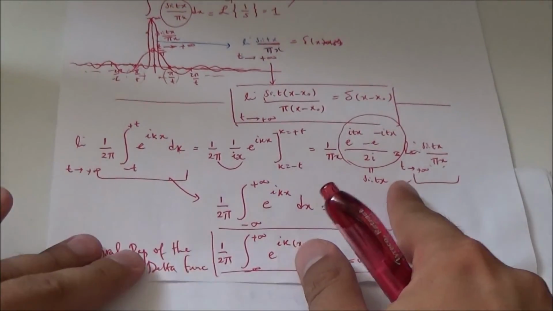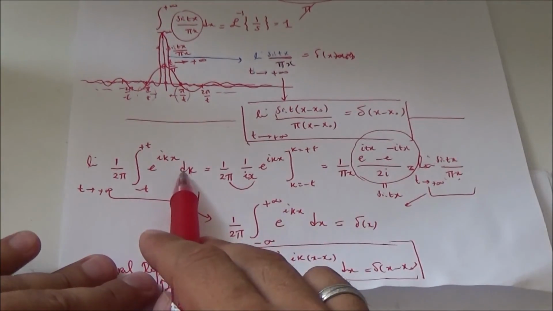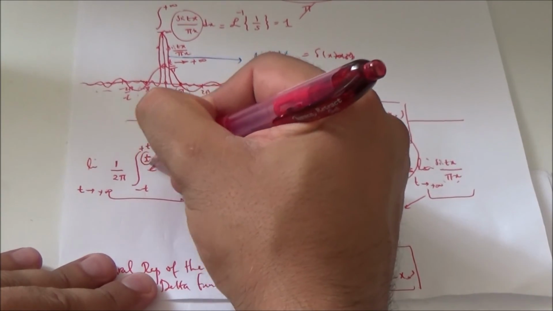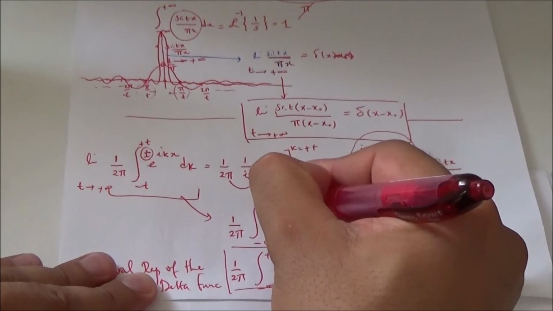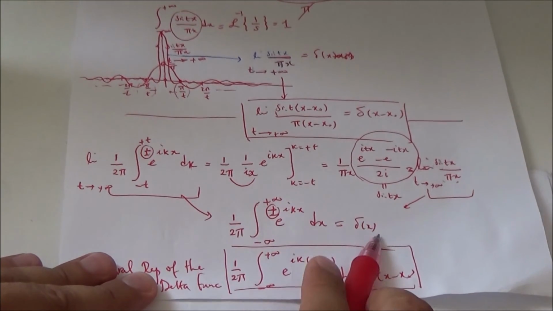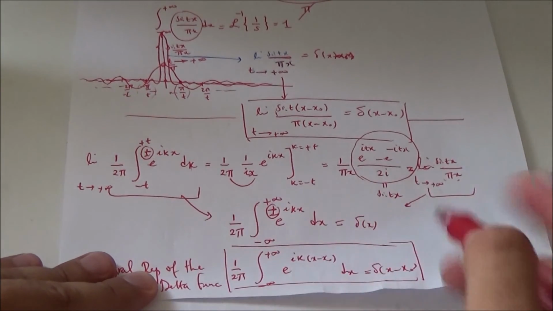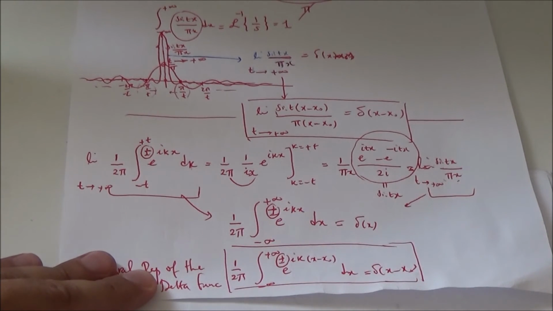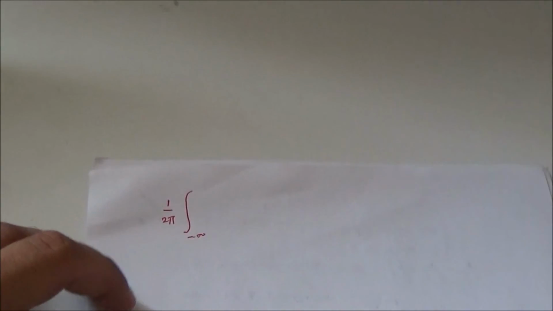I should add another point here: the result of this integral, if you put plus or minus here, is exactly the same delta. You can verify that by yourself. Also here, plus or minus will change nothing in the final result.